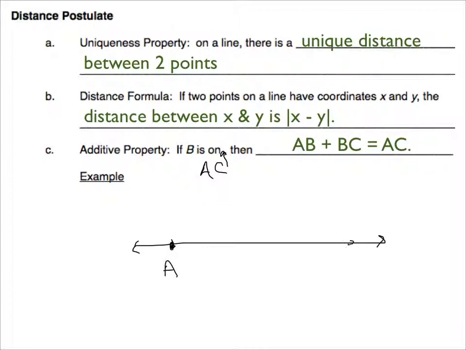Here's A. This is line AC. If B is somewhere on here, somewhere between them, then the distance from A to B plus the distance from B to C has to equal the distance from A to C. That's what that's saying.